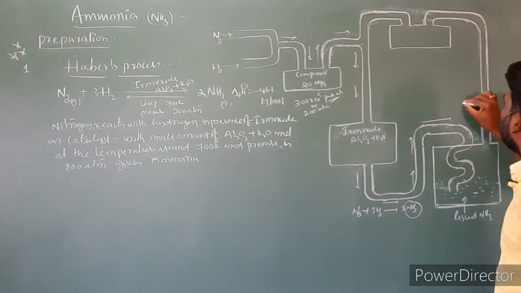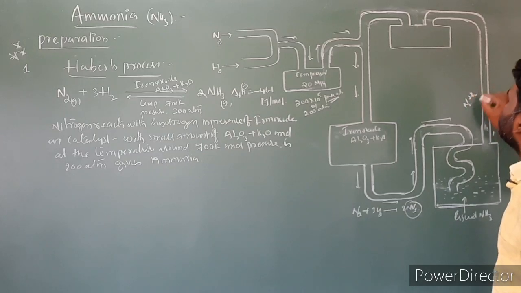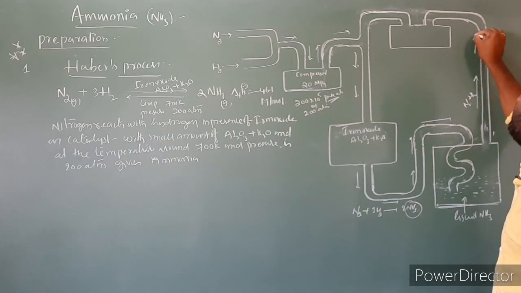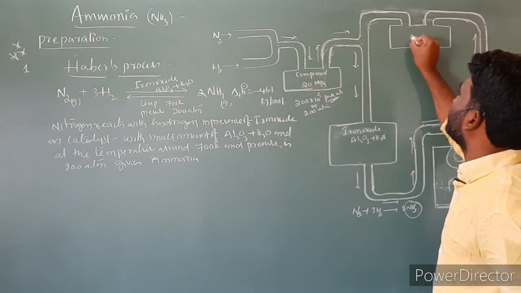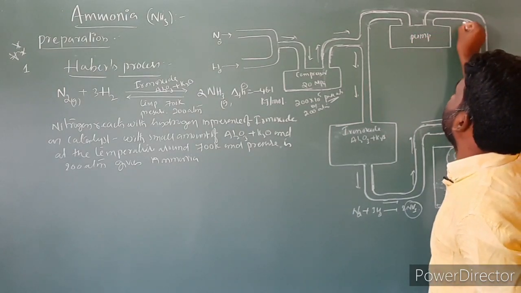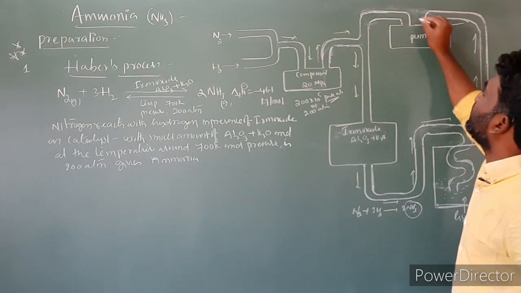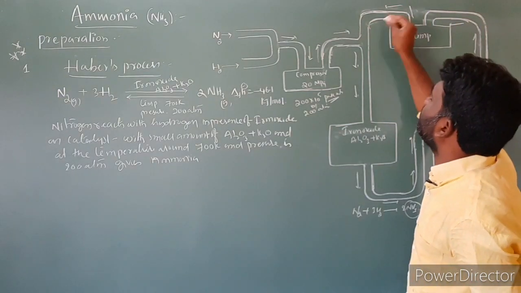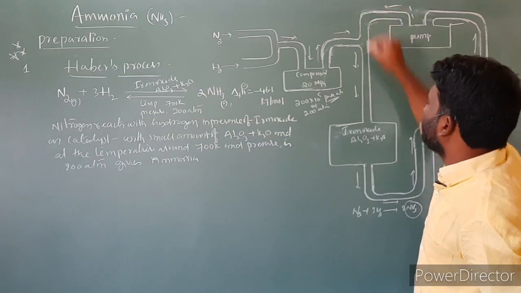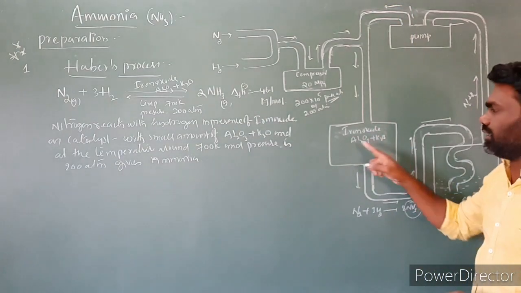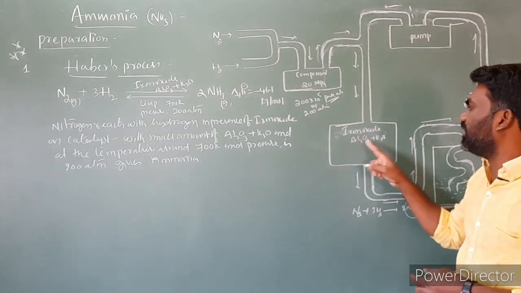This gas comes outside and passes into another chamber that contains a pump. The unreacted N2 and H2 pass into the pump, and this pump passes the mixture back into the iron oxide catalyst with Al2O3 and K2O.